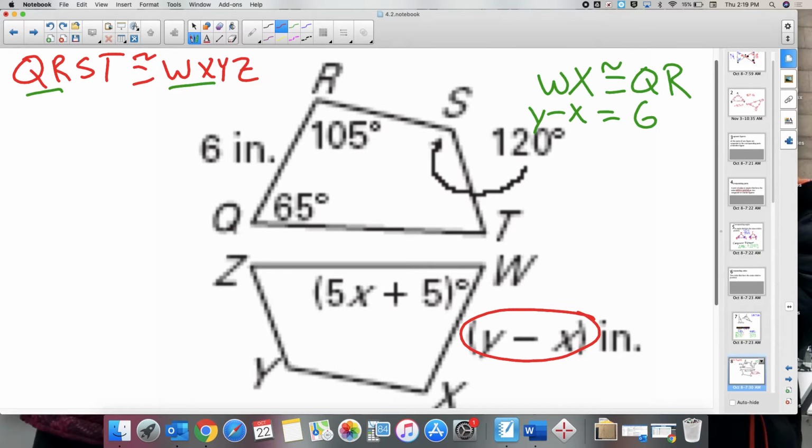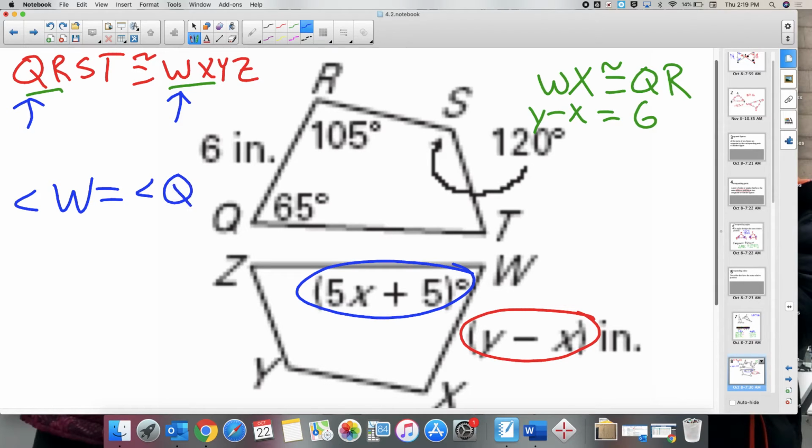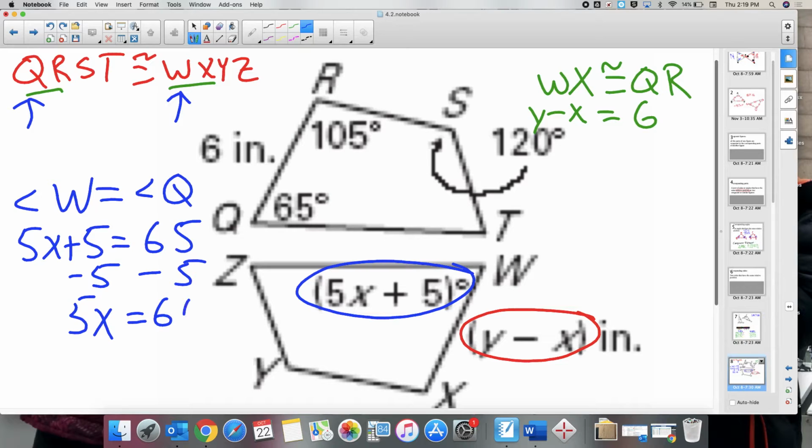The other x comes in angle W. Angle W was the first piece in here. It has to match angle Q then because it's the first in this one. So angle W is equal to angle Q. That means 5x plus 5 will equal 65. To solve our equation, we subtract 5 from each side. 5x equals 60, and divide by 5.